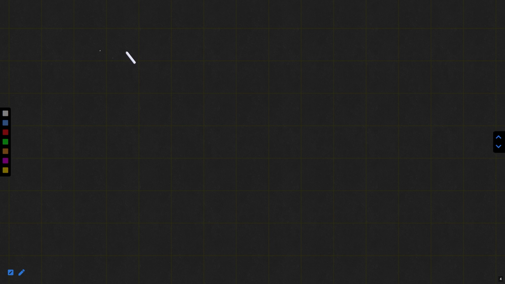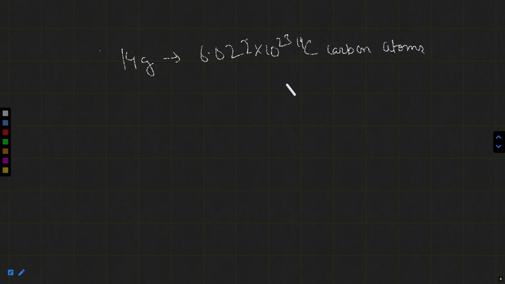First, we have to find the number of atoms in 7 milligrams. We know that in 14 gram there will be 6.022 into 10 to the power 23 14C carbon atoms. Is this clear? You know this one.